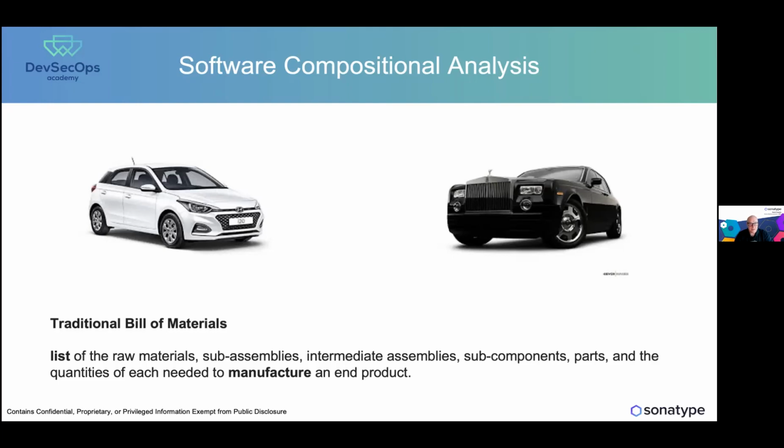Well, very simply, they both have a bill of materials. Both manufacturers use a bill of materials to identify which parts are being used in which model and where those parts came from. Very simply, so that if there's a problem with a manufacturer, the part has a fault, they can actually identify exactly where that part went and which cars have subsequently been shipped to customers and users, so they can basically track them down and remediate that problem as quickly as possible with as minimal fuss, without having to recall every single car that they've ever produced.